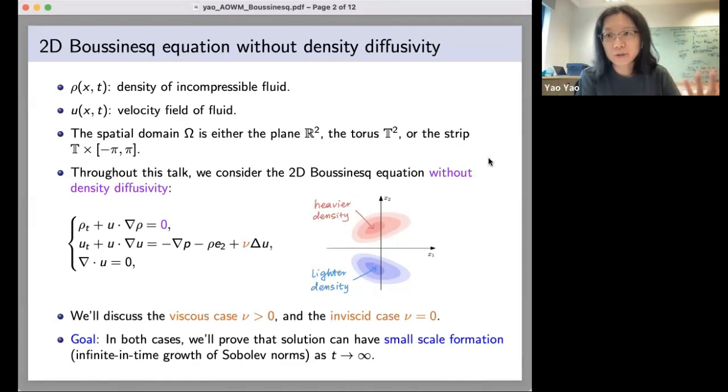Yeah, that is a very good point. It's also a natural setting to study the case where the density also has a diffusion coefficient. In this case, the solution will still be globally well posed, and as time goes to infinity, the density itself will be converging to a constant.